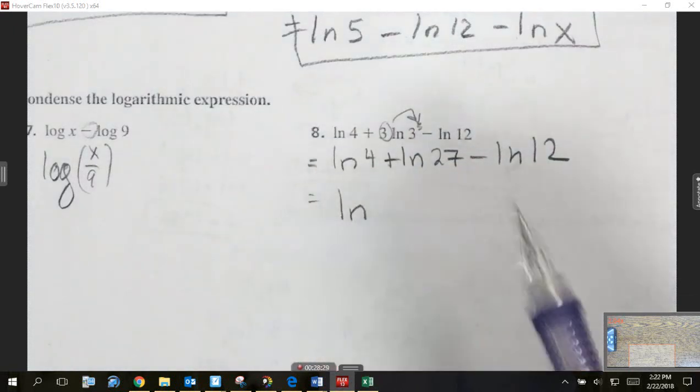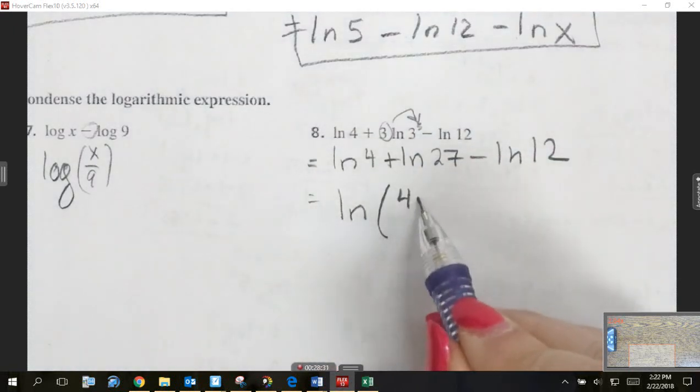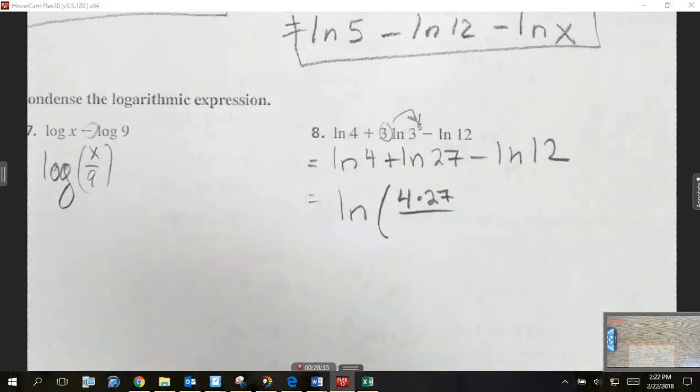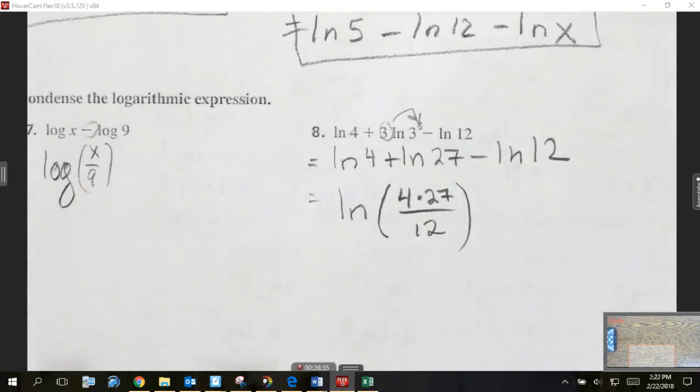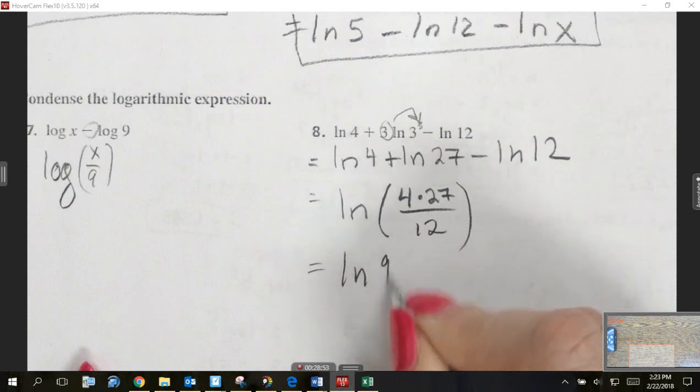So I will have ln, and on top I'll have 4 times 27, and on the bottom I will have 12. Anything that's addition goes on top, anything that's subtraction goes on the bottom. Or we could do it one step at a time and get the same answer. So I've got 4 times 27 divided by 12, 9. ln 9 is my answer.